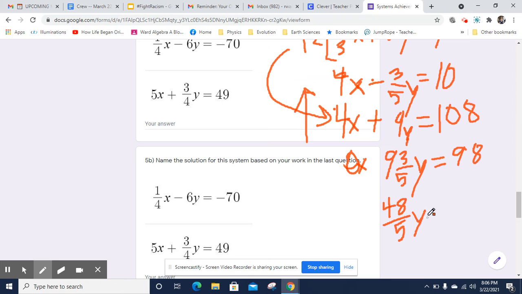To get rid of that, we're going to multiply both sides by 5 over 483. So that'll be 98 times 5 over 483. Now, this didn't end up being neat and tidy numbers because I just invented the problem on the spot.